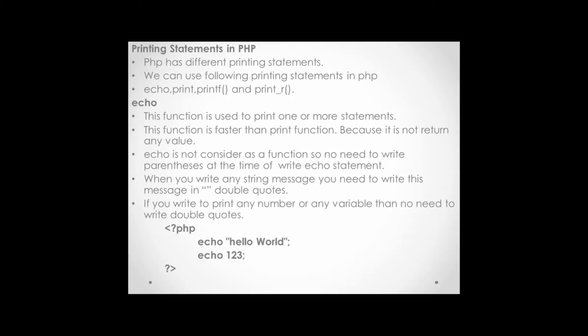So there is no need to write parentheses when writing an echo statement. We know that when we write any function, we use parentheses, round braces. Now, there is no need to write round brackets or parentheses when printing an echo statement.